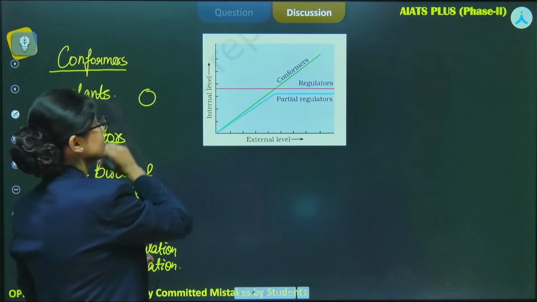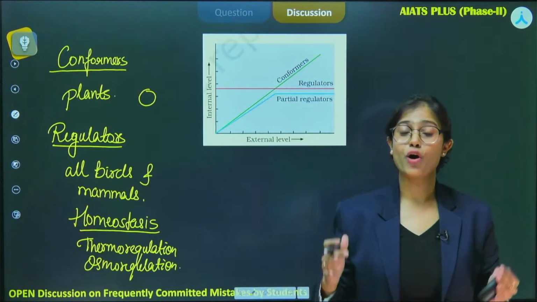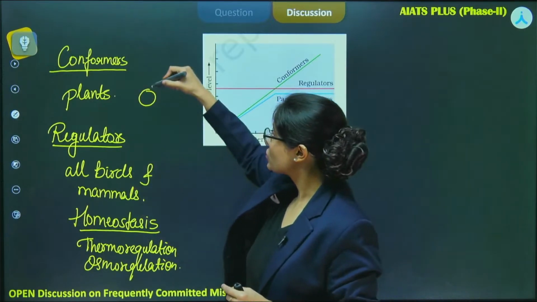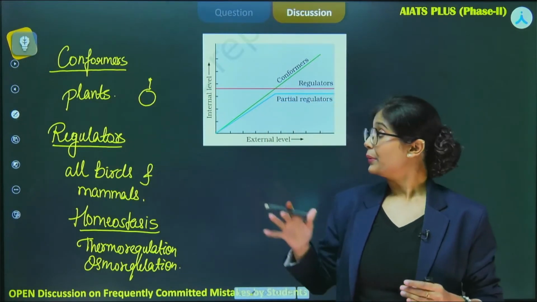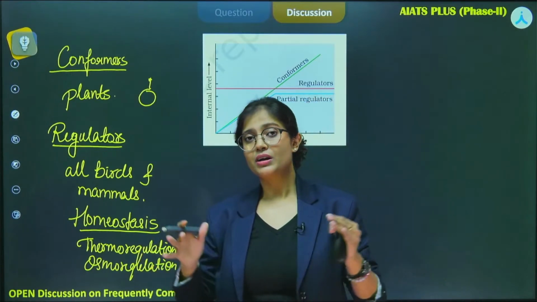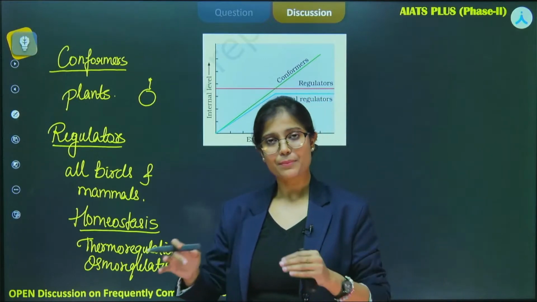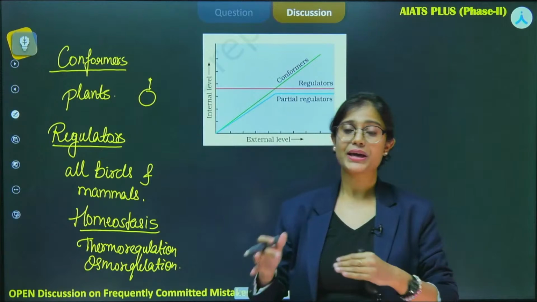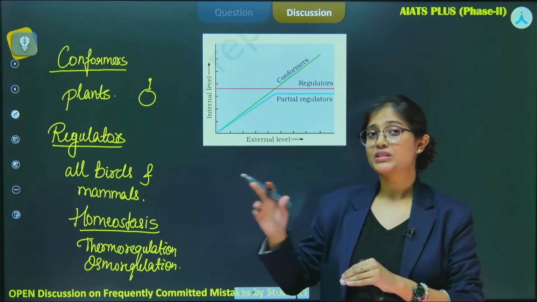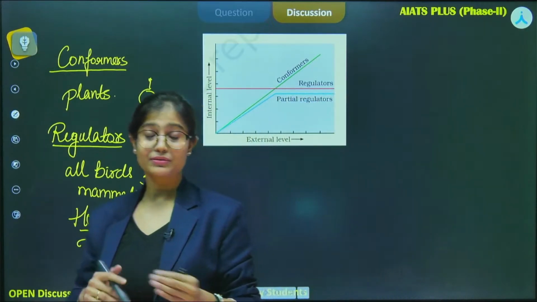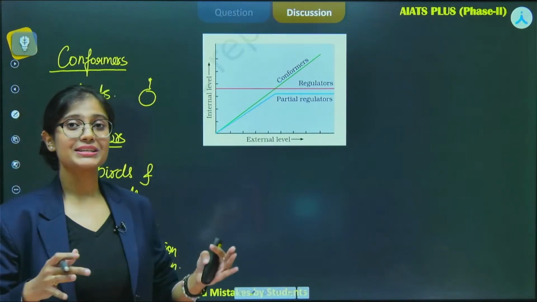The surface area for a smaller organism is much higher than its volume, which leads to excessive loss of heat from its body. In comparison, for a larger body the surface area is less in comparison to its volume. That's why they are able to maintain it. So conformers which are not able to maintain their body temperature from the outside environment are actually larger in size in the polar region.